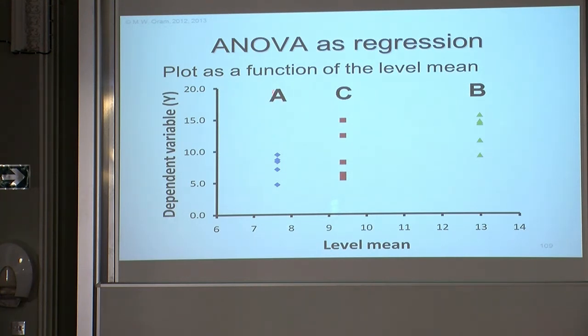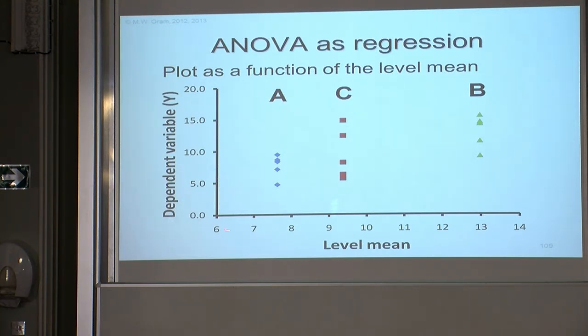We convert A into the mean of A. The B's each have a mean of B, and the C's, each of these has a mean of the C values. So all I've done is replot them by transforming a level of the factor into the mean of that level. So these values are set to be the same as this, so the mean of these is all the same.